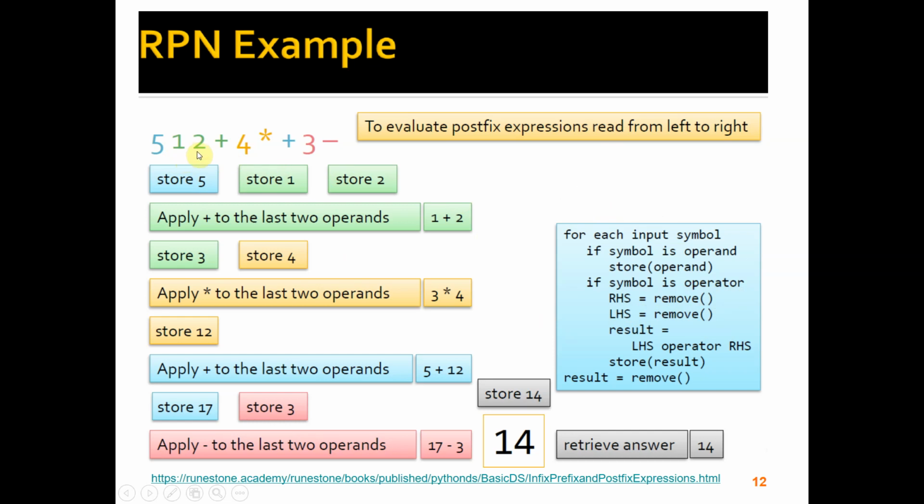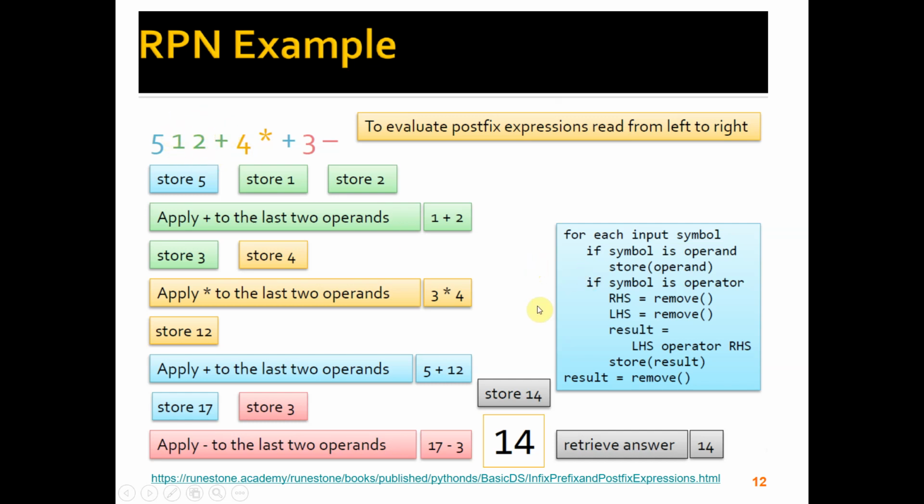We store the first item that got removed from the stack on the right side, and the second number that got removed on the left side of the operator that we just read. And we evaluate the expression.